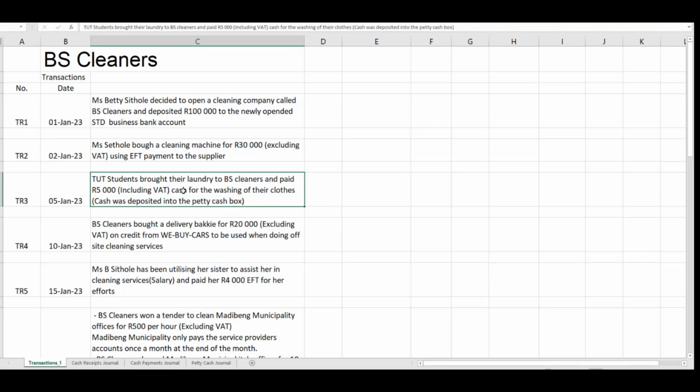So here we are rendering a cleaning service, and when we are rendering a service, or when we are selling something, it's VAT output. 5,000 rands includes VAT, meaning we'll say 5,000 multiplied by 15 divided by 115, which becomes 652.